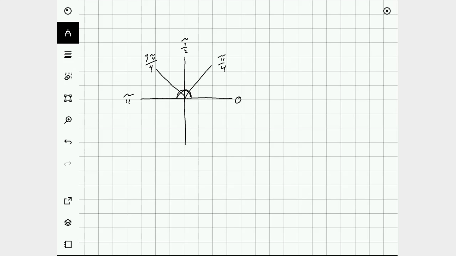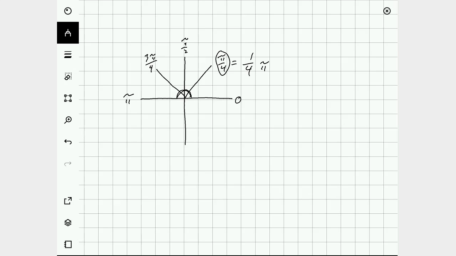Don't let the fact that the pi is written in the numerator confuse you. Think about this as 1/4 times pi. Thinking about it as the fraction times pi is a lot easier to understand, but by convention, we always write it as pi over 4.